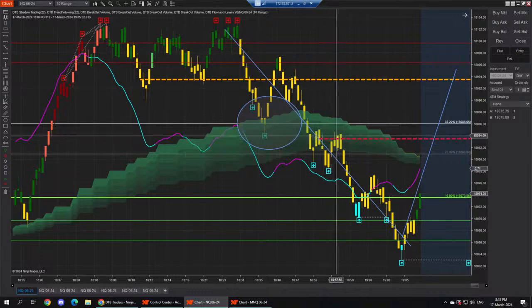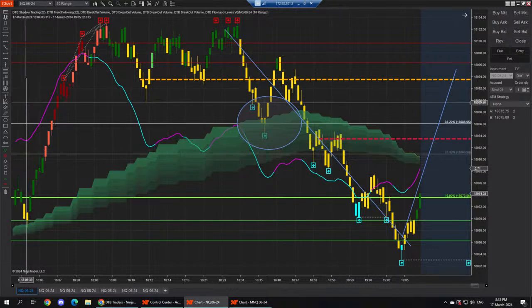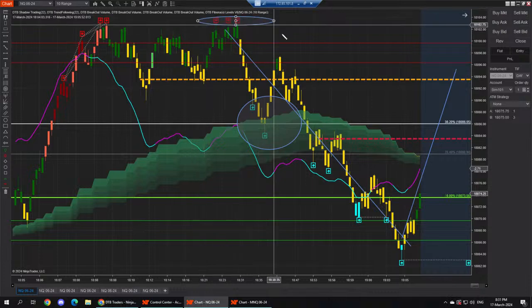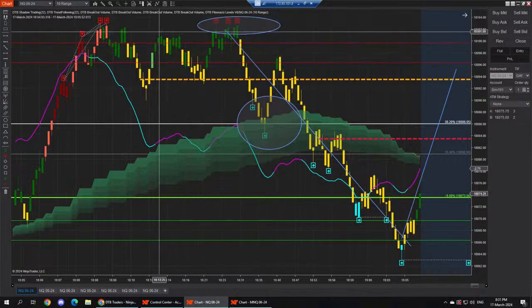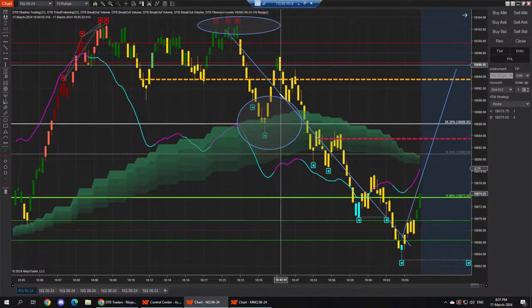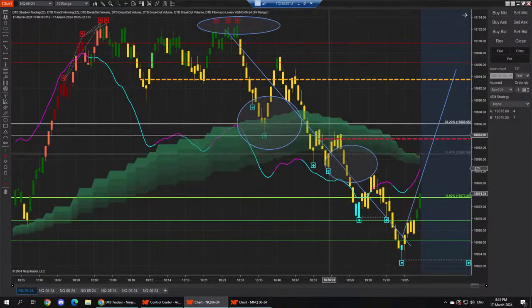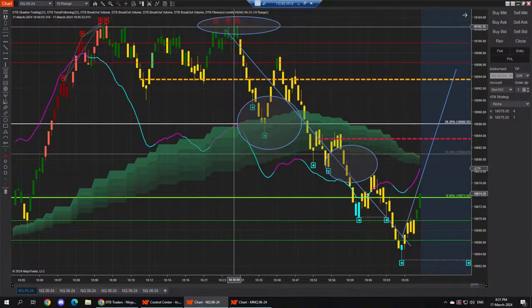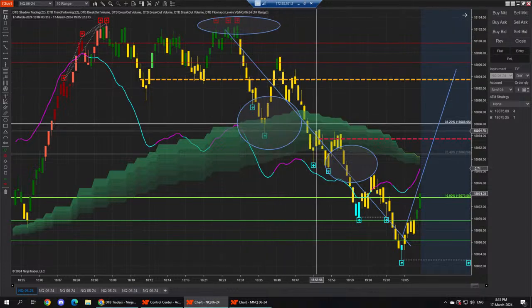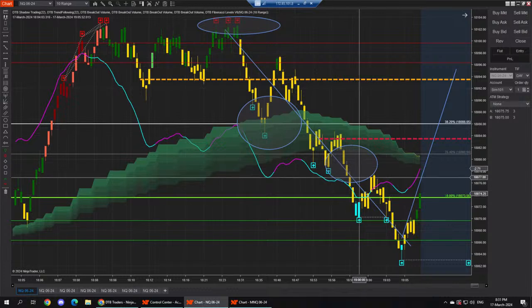In this case, you would definitely stick with this original signal over here to go short, because every attempt, including this one over here and this one over here, at this point you are going to know that this is still the prevailing signal coming down, and then this one is a continuation of it.